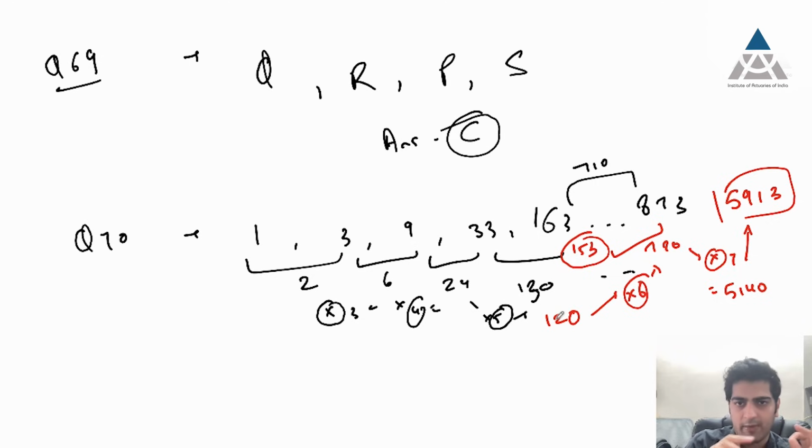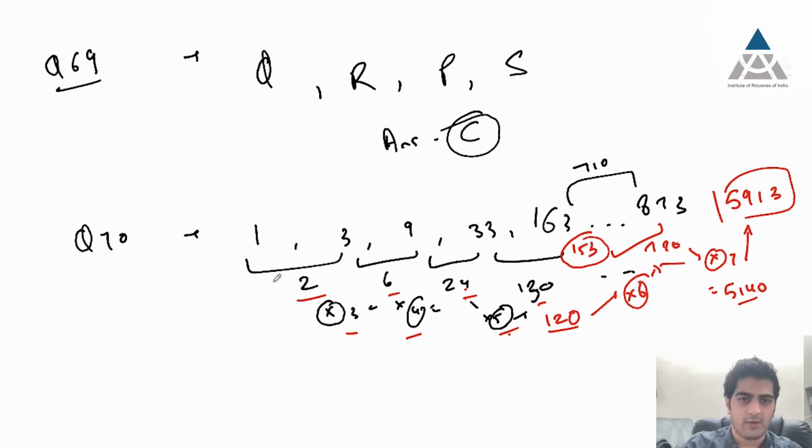So this means that our sequence was simply, you have the difference, and these differences are basically multiplication of the previous one with an additional number. So 2 3s are 6, then 6 4s are 24, 24 5s are 120, 120 6s are 720, 720 7s are 5040, and these are your differences.